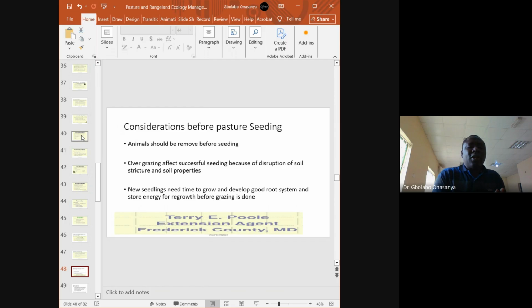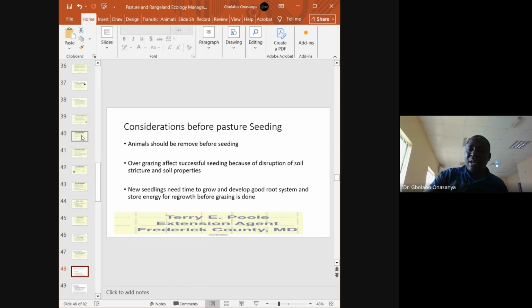So the following are the considerations we put into place before pasture seeding. Animals should be removed from the pasture land before we do seeding, because we can't be grazing the animals and planting seed at the same time. It's effort in futility.